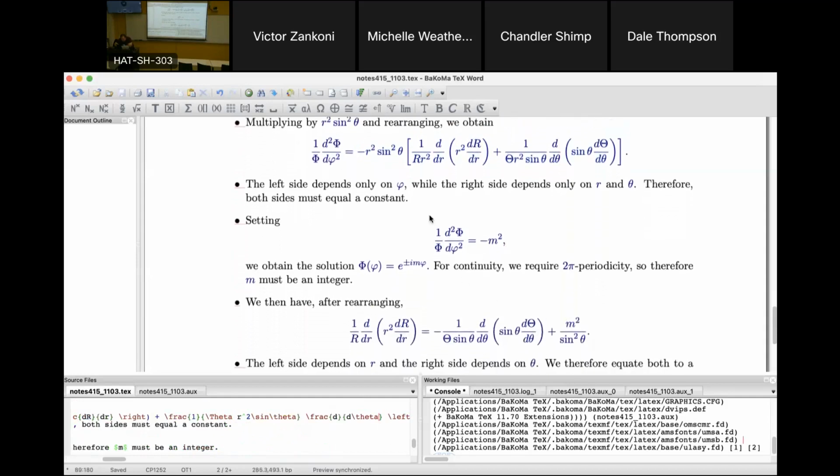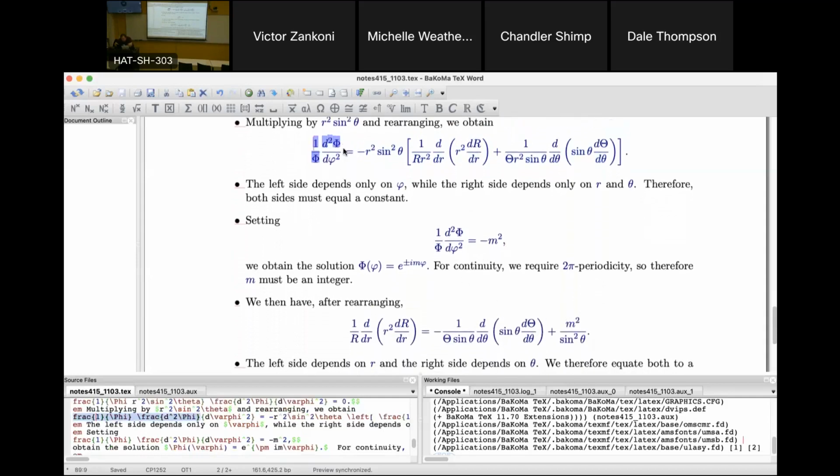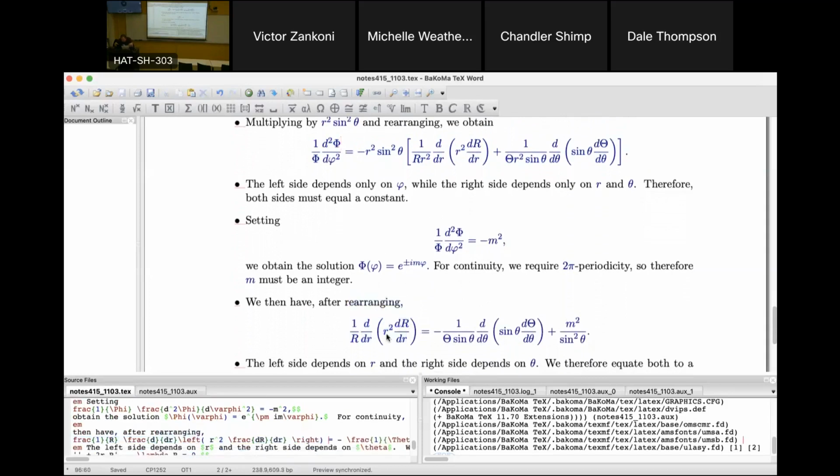So now I set this equal to minus m squared and do some rearranging again. Because what it lets me do is isolate functions of little r on the left side, functions of little theta on the right side. So same situation. Each side depends on a different independent variable. So again, both sides must be equal to a constant.